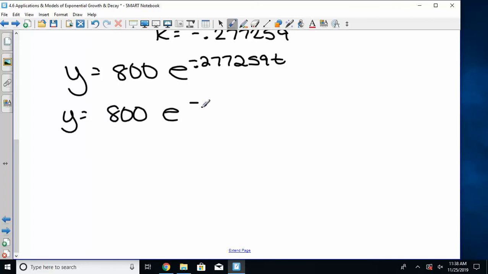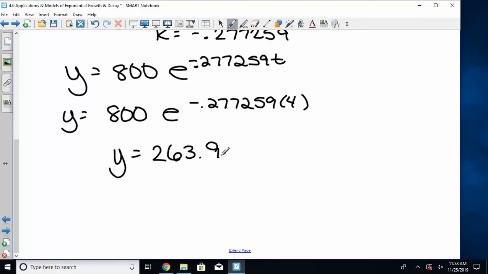So we had to first figure out the equation. Then we can plug in our 4. So I get 263.9014. What are we measuring in on this?